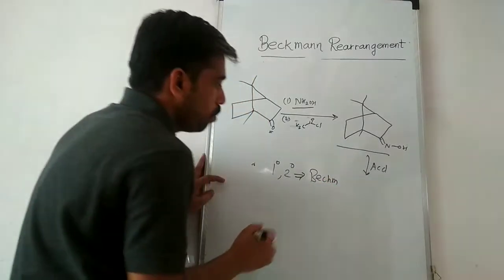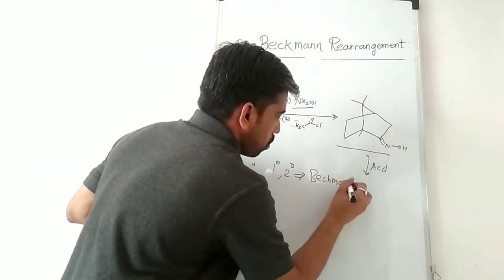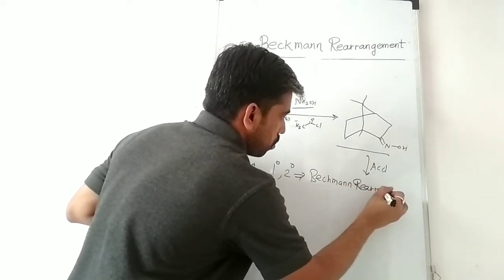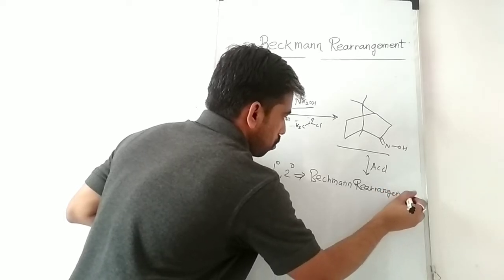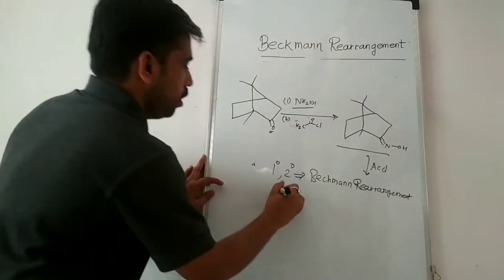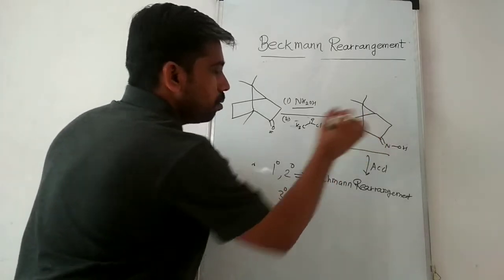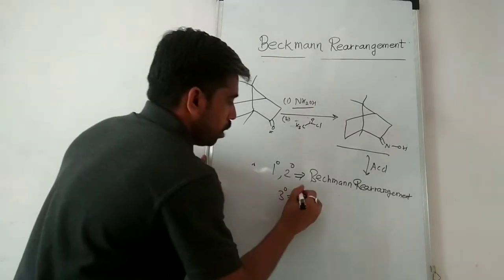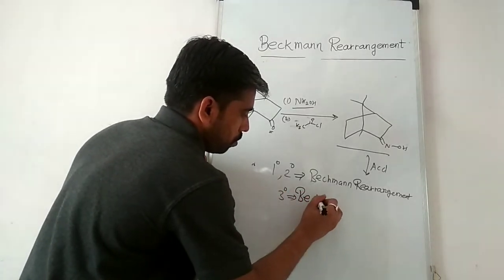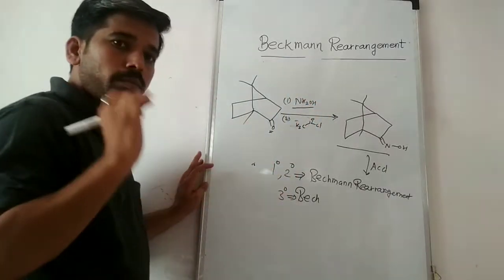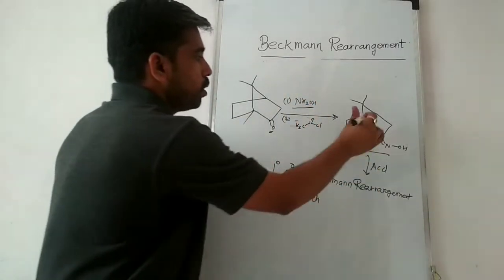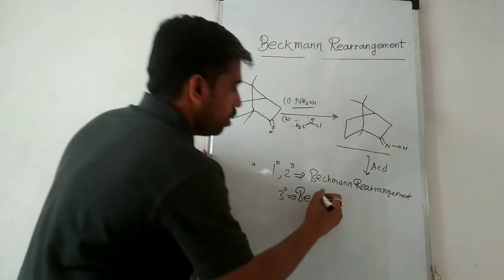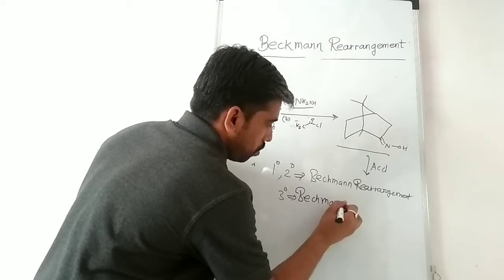If the migrating group is tertiary, then there is a fragmentation, or we call it the Beckmann fragmentation. All the conditions are the same as the Beckmann rearrangement, but in case the migrating group is tertiary, there is a fragmentation reaction, or we call it the Beckmann fragmentation reaction.